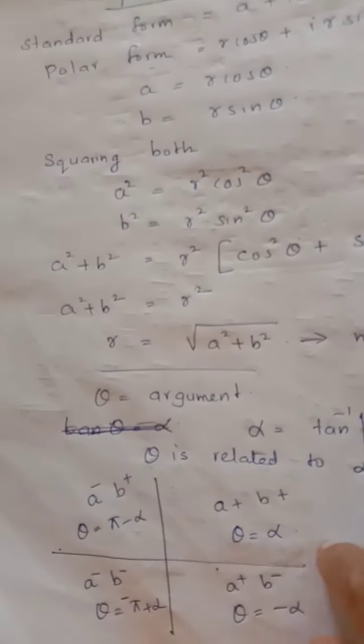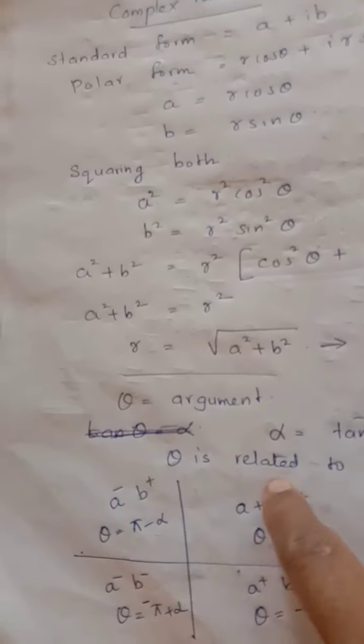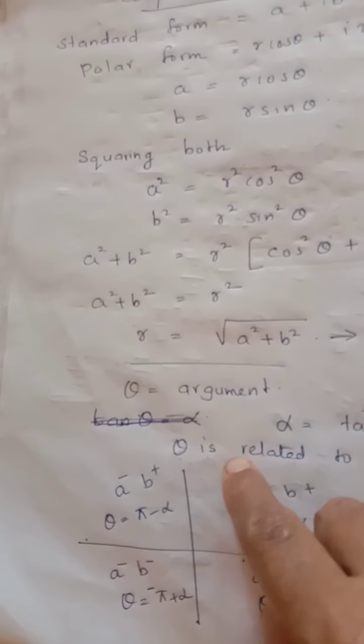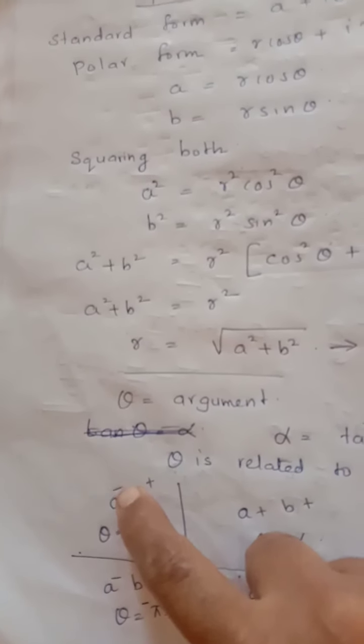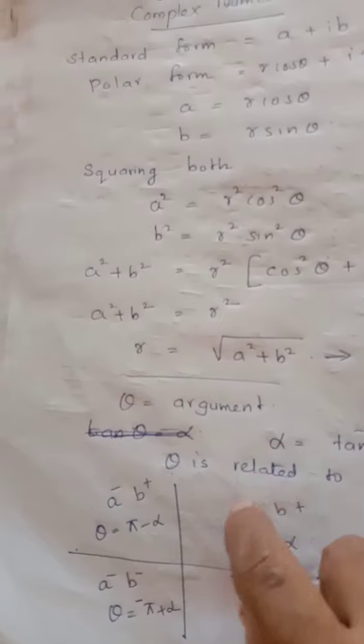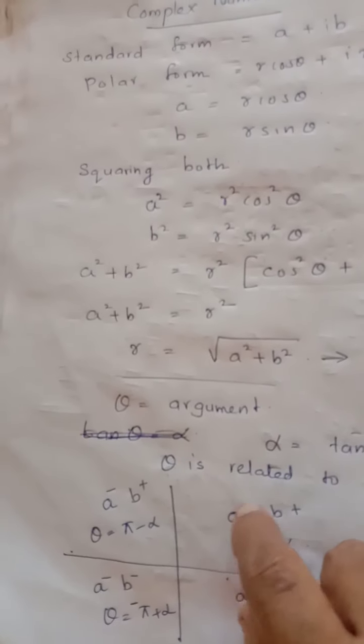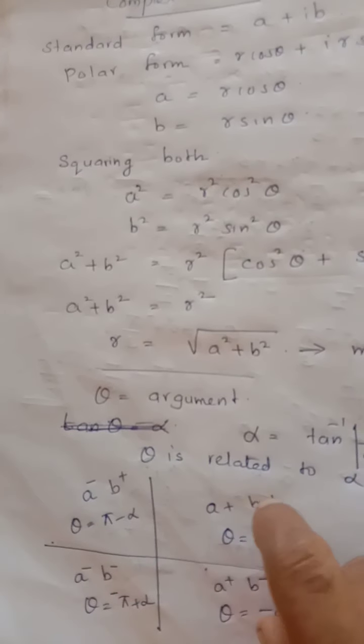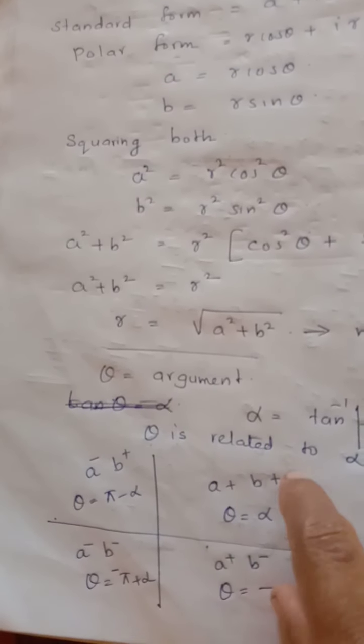We know this one, quadrants. Add sugar to coffee: all positive, sine positive, tan positive and cos positive. So a means r cos theta and b is r sin theta. If a is positive, b is positive, theta is equal to alpha.